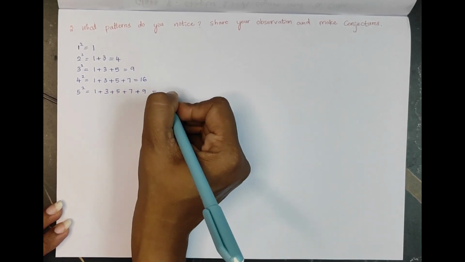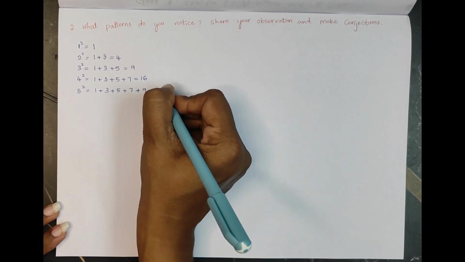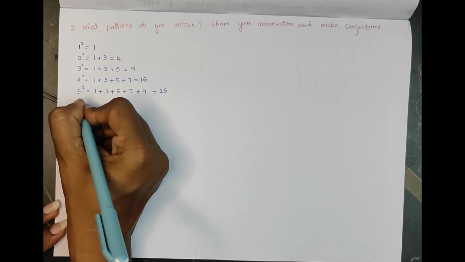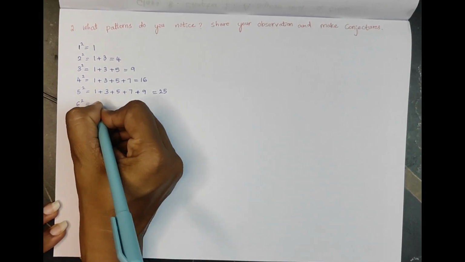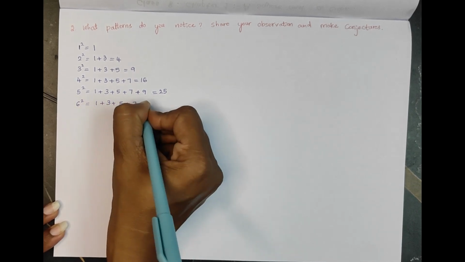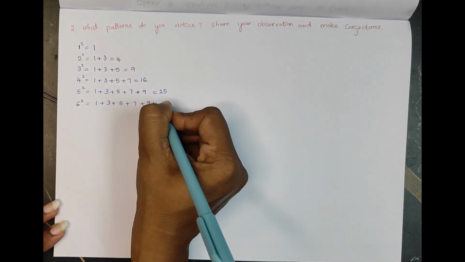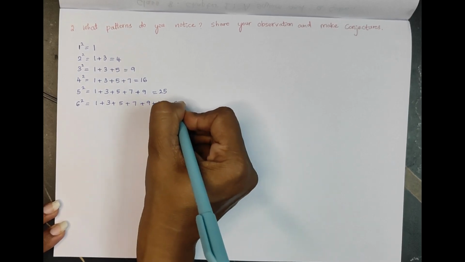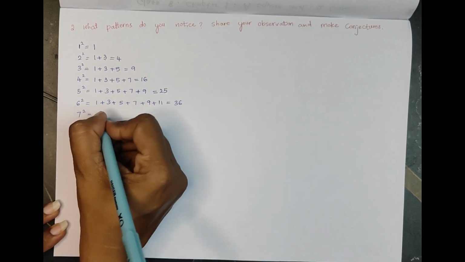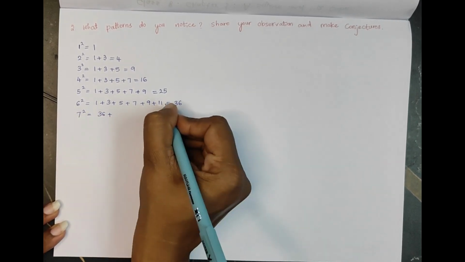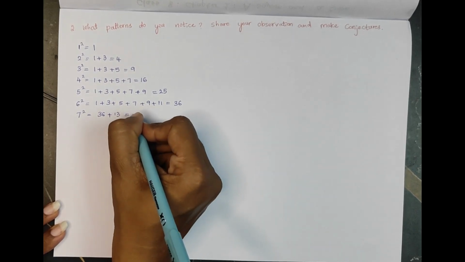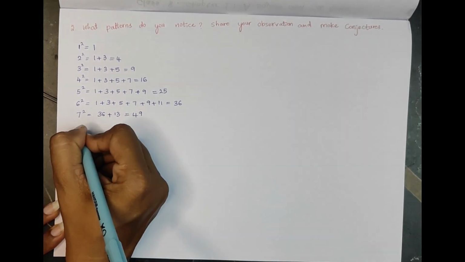If we add, we will get 25. 6 square, 1 plus 3 plus 5 plus 7 plus 9 plus the next odd number, 11. So we'll get 36. For 7 square, I'll write 36 plus the next odd number, after 11 we get 13. So if we add, we'll get 49.